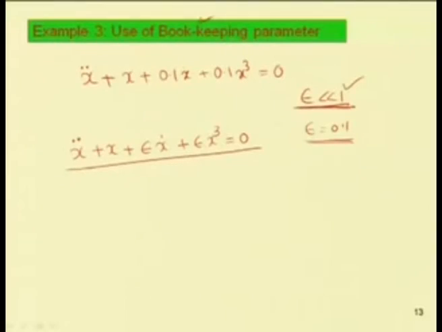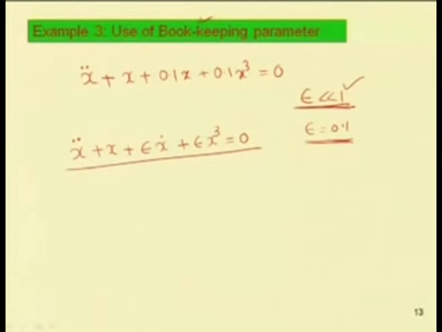So, in this case one should note that this bookkeeping parameter epsilon is very much less than 1. But while taking this bookkeeping parameter, one can make a convergence study, that is, by varying this epsilon and checking the response.